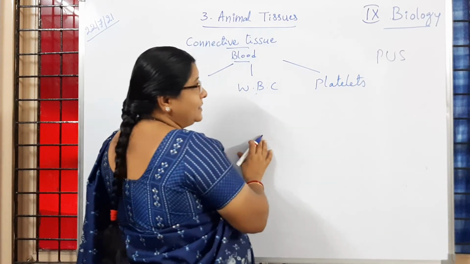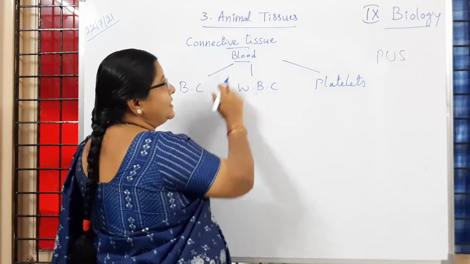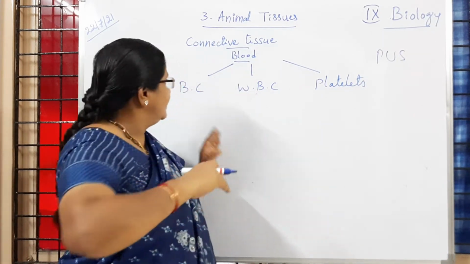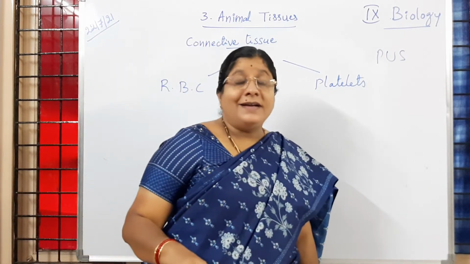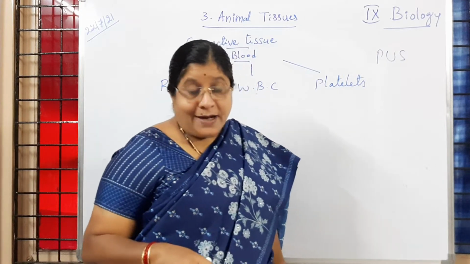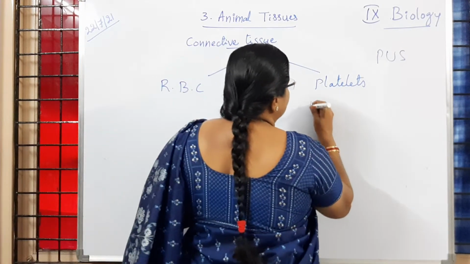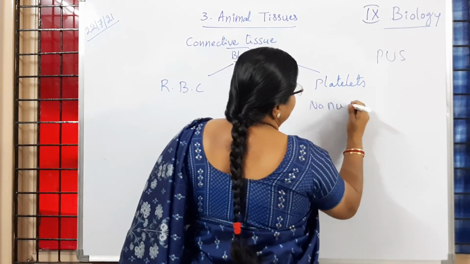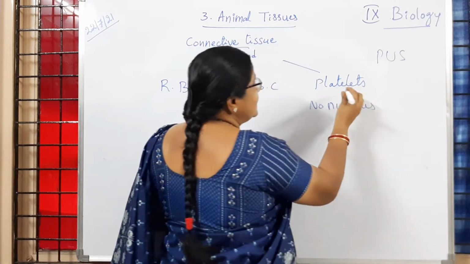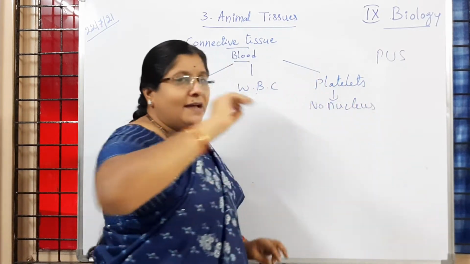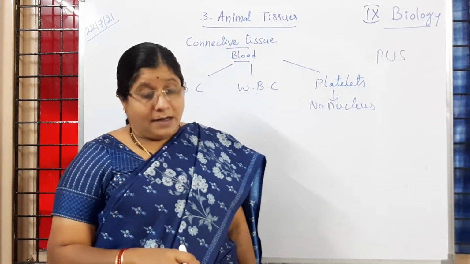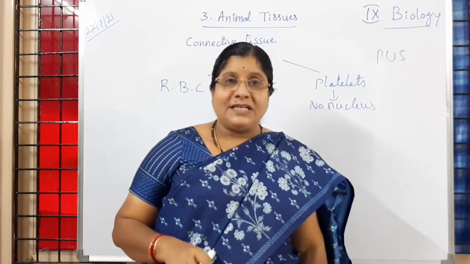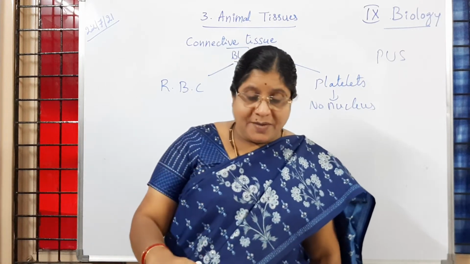Platelets are said to be the third group of blood cells: RBC, WBC and platelets. They are separate and they do not have a nucleus, no nucleus. They have disc-like projections. They also move like amoeba.